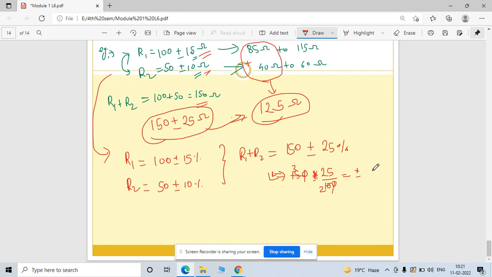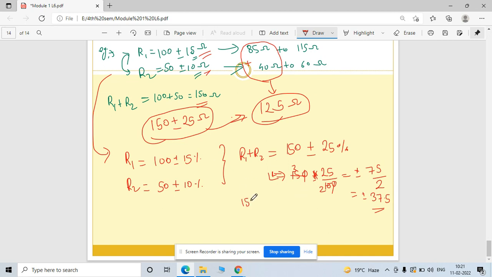And this is nothing but 75 divided by 2, which is nothing but plus minus of 37.5, right? So you got 37.5 as your absolute error.